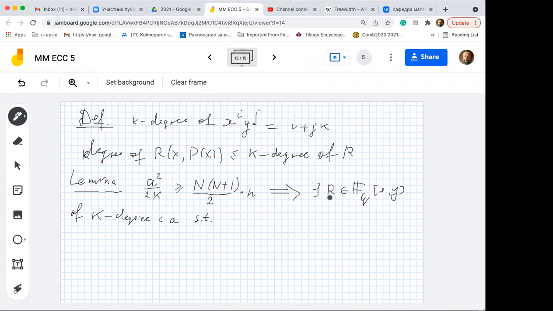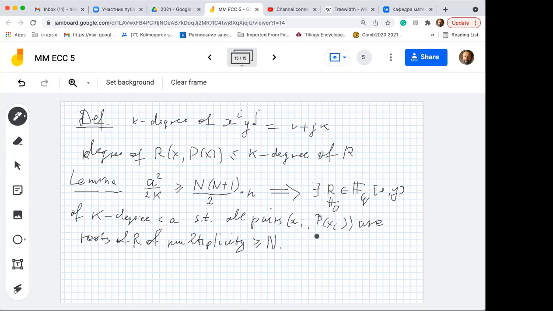such that, and R is non-zero, of course, otherwise this is trivial, and such that all pairs (x_i, p tilde of x_i), all pairs on the graph of the given function, are roots of R of multiplicity at least capital N. So we need large multiplicity, we just care that it is at least capital N. Once again, capital N denotes the desired multiplicity.